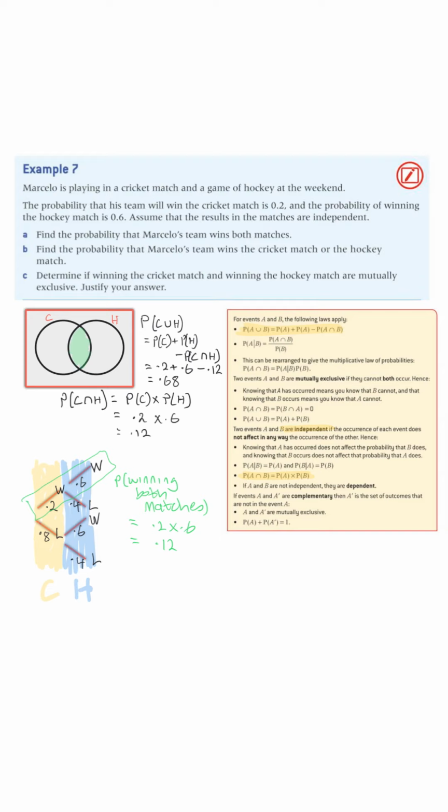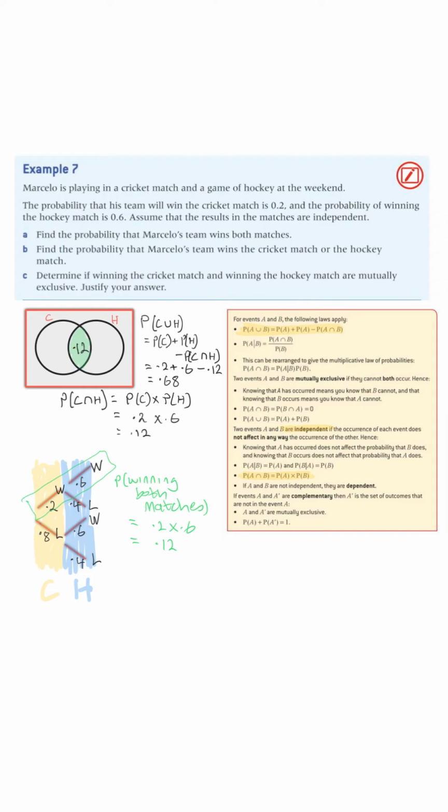Okay. Now there's another way to do this, which I think might remind you a little more of how you've studied Venn diagrams in the past. Let's have a look. If we already knew that the intersection was 0.12, we can directly write that here as 0.12. Now if we write that as 0.12, what's left?